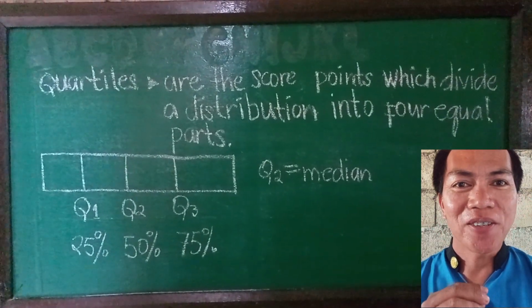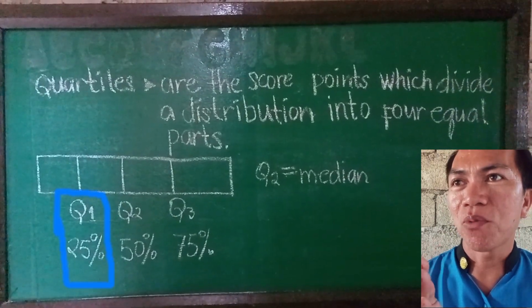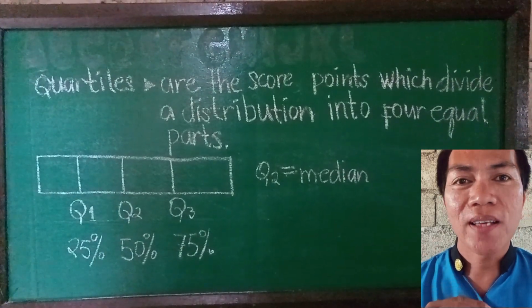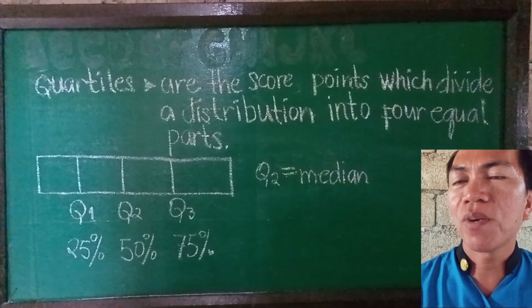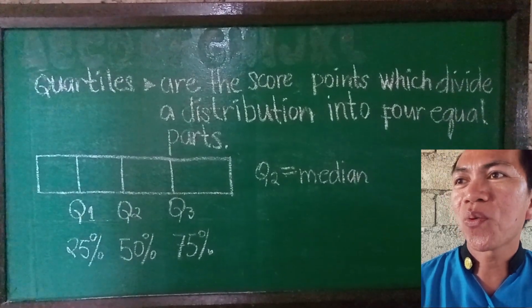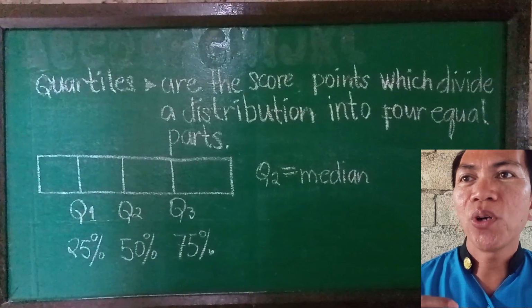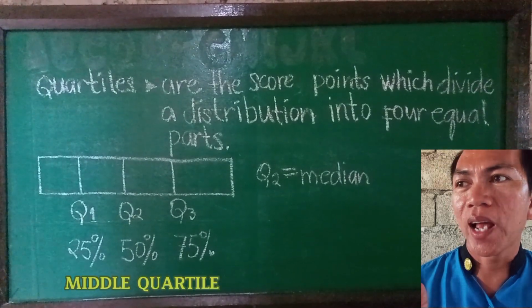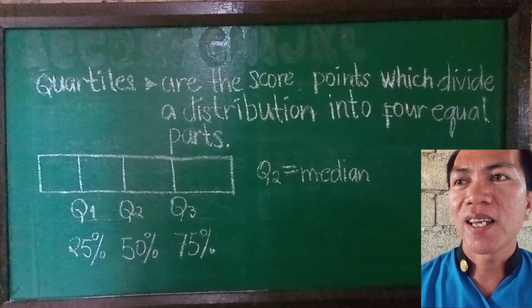Let's look at the figure. We have Q1 or Q sub 1, which is also known as the lower quartile, and it is equivalent to 25%. And we have also quartile 2 or Q sub 2, also known as the middle quartile, which is equivalent to 50%.